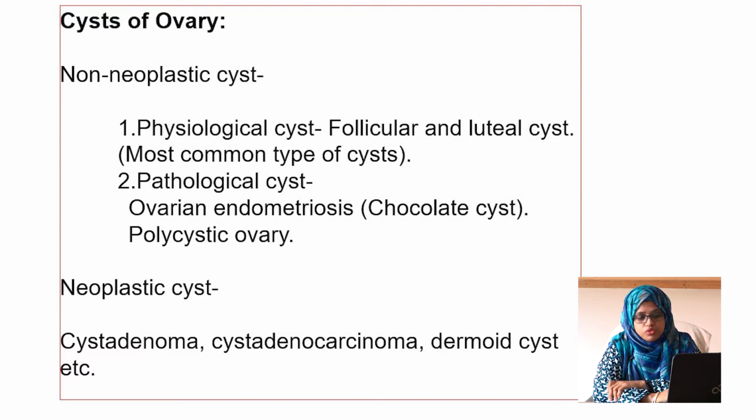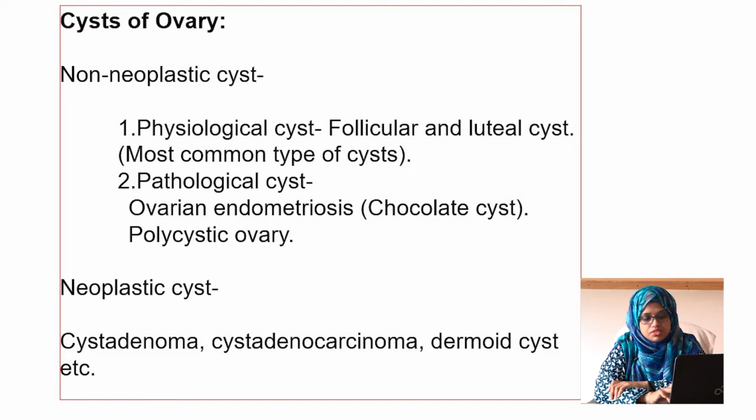You know, when there is presence of endometrial tissue, that means endometrial gland or endometrial stroma within the ovary, it is known as ovarian endometriosis or chocolate cyst. And the neoplastic cyst include cyst adenoma, cyst adenocarcinoma, dermoid cyst, etc.